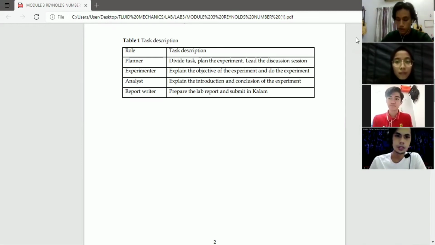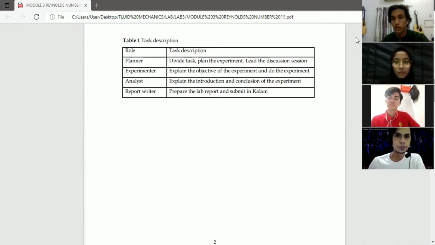Hello everyone, my name is Muhammad Adam. As an experimenter, I suggest that we use a pipe so we can control the velocity of the water flow, and then fill an empty jar and record the time taken for the jar to be filled.